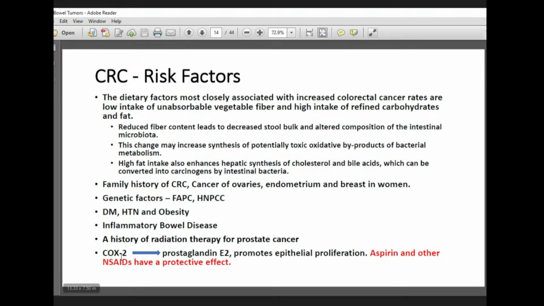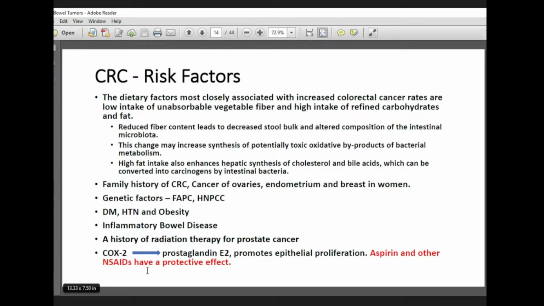If you use COX-2 inhibitors, especially the drugs aspirin and other NSAIDs, they have a protective effect. So in someone at increased risk of colorectal carcinoma, we might start them on low-dose aspirin as a COX-2 inhibitor, so that prostaglandin E2 is not formed in the gut and epithelial proliferation can be stopped. So these are the causative factors, and aspirin and NSAIDs have the protective effect.